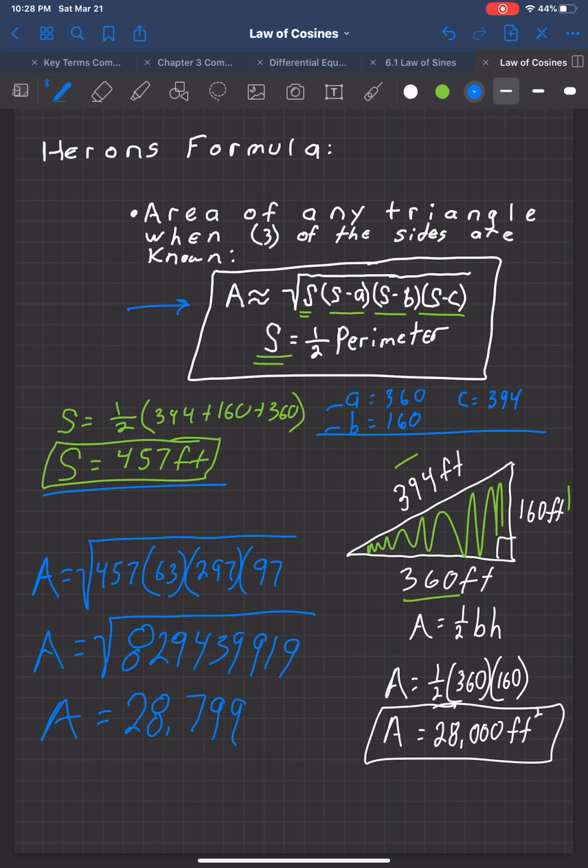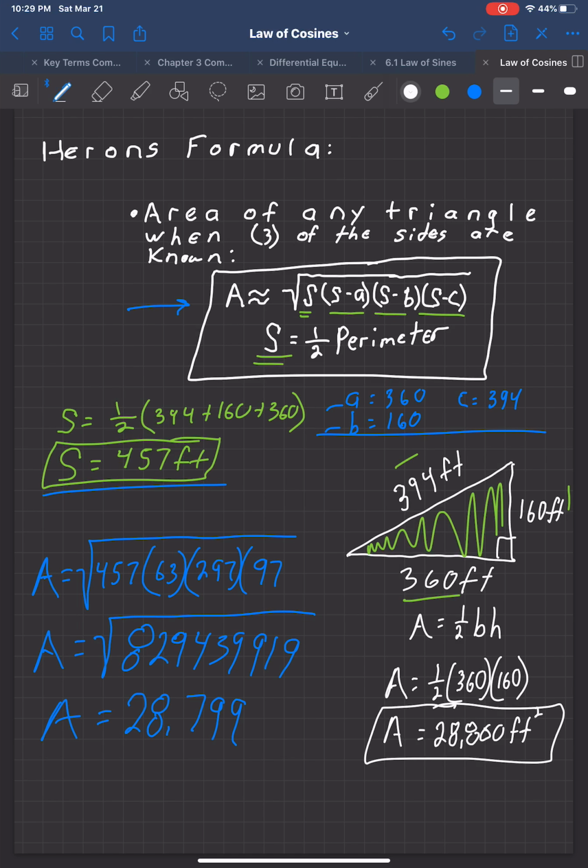And let me make sure I did my math correctly. 360 times 160 times 0.5. Oh, I see. Maybe you saw it earlier. That should be 28,800, shouldn't it? This is what happens, man, when you do math in your head.